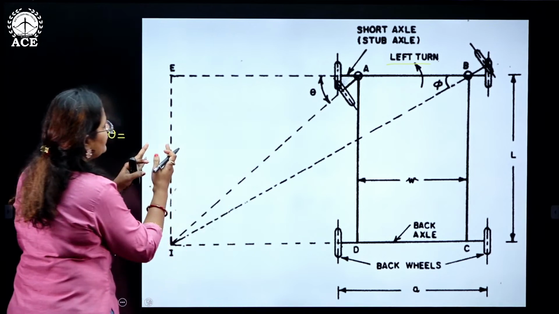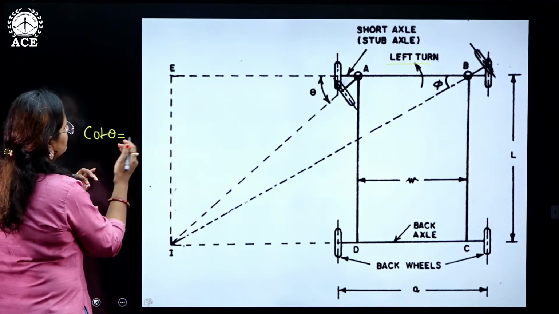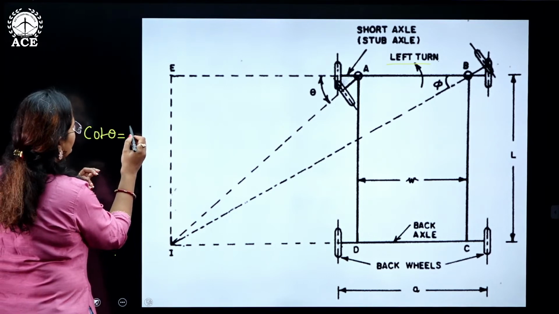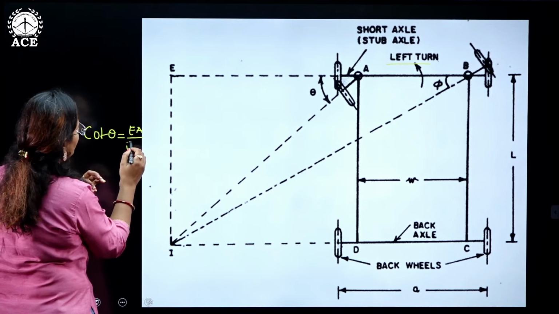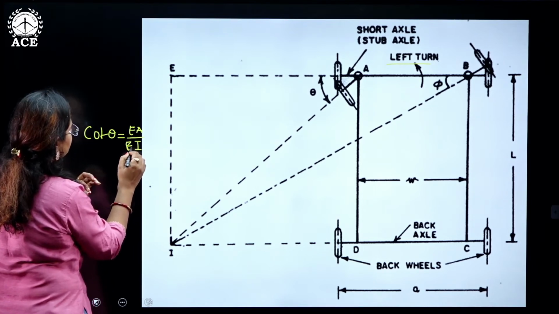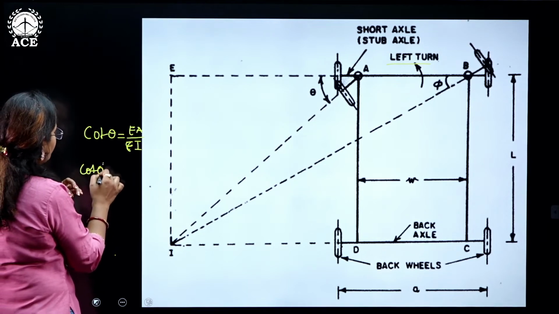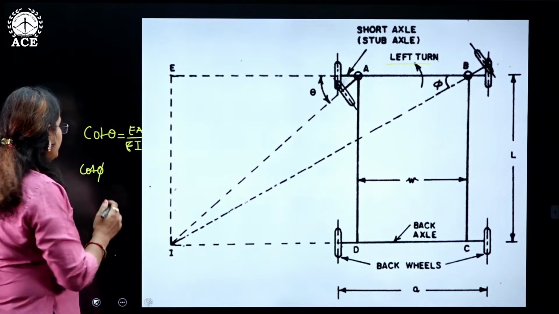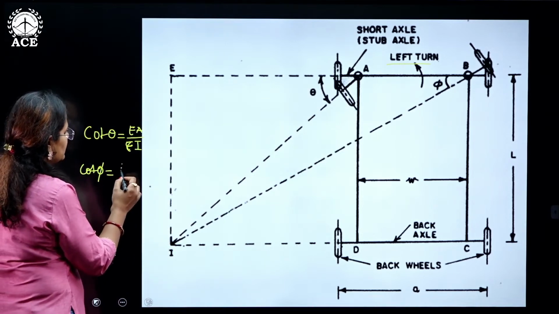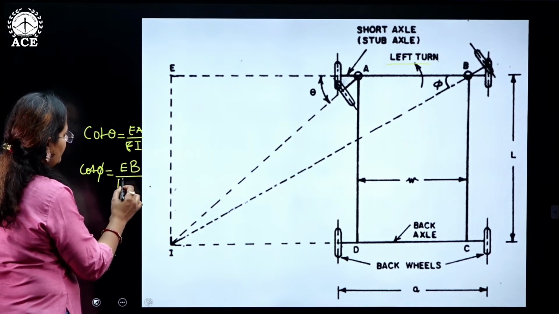If it is tan, that means opposite by adjacent. So it is adjacent by opposite, EA by EI. Then cot phi. For cot phi, we have to consider the bigger triangle EBI. For EBI, cot phi is taken as EB by EI.